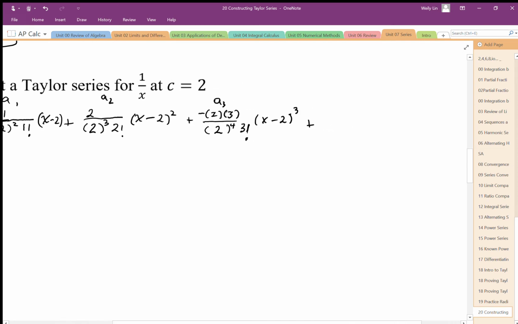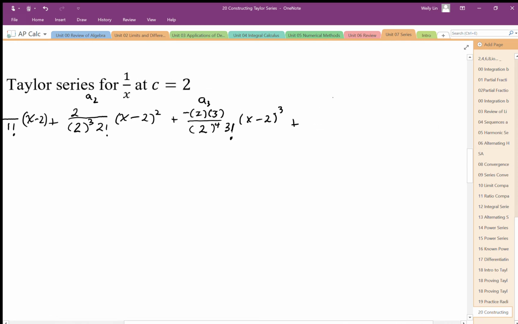So I'll just do one more. I don't think I really need it, but I'm just going to do one more just to practice doing this. So my next derivative is going to be negative 2 times 3 times negative 4, so it's going to be positive. So it's going to be 2 times 3 times 4. I'm going to do the power rule, so x to the power 5 now in the denominator, and then over 4 factorial.